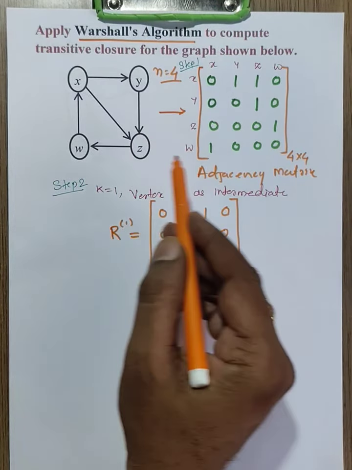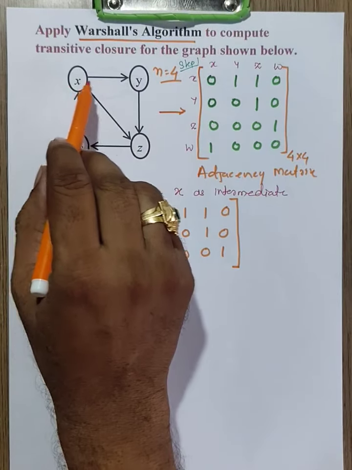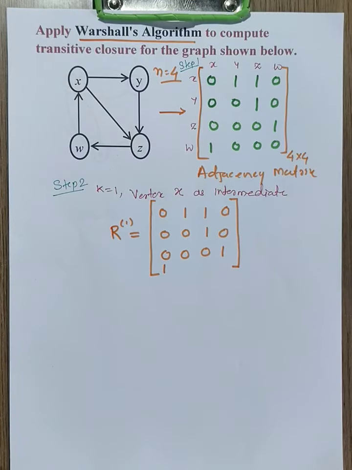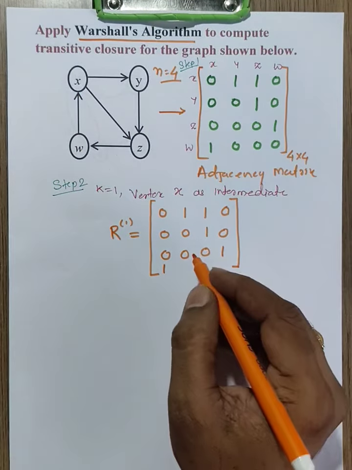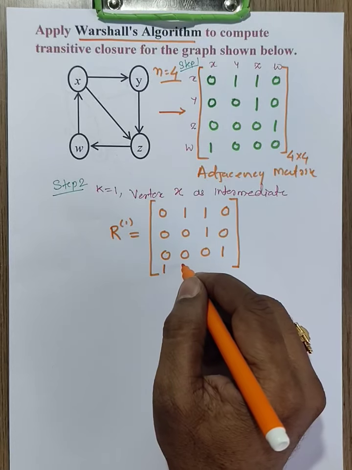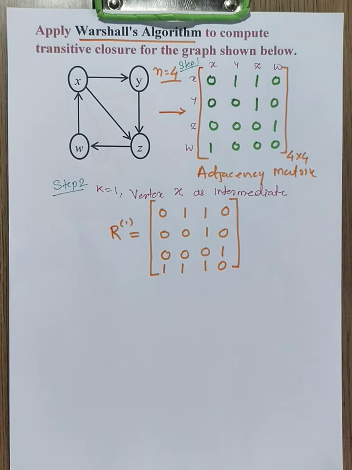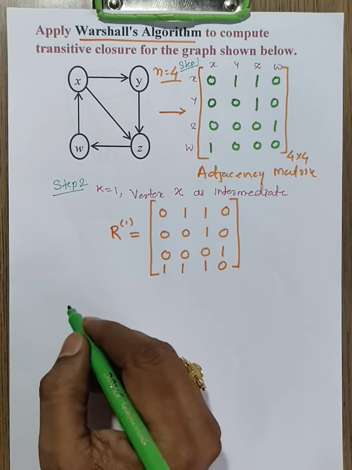First w to x is 1, then w to x, x to y we can take a transition, and w to x, x to z also we can take transitions. Only w to w you cannot take. W to x is 1, w to y is 1, w to z is 1, and w to w is 0. This is vertex x as an intermediate vertex.